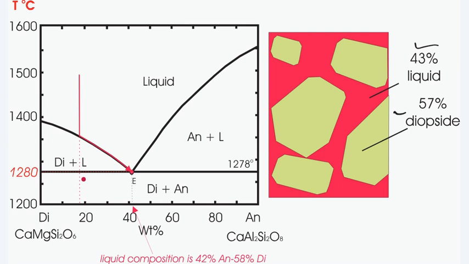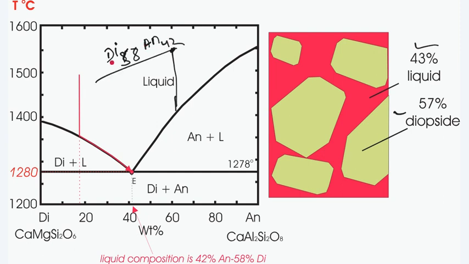If you take any liquid, which one will crystallize first? From the figure, you will easily know that when it touches the anorthite line, anorthite will crystallize. When it touches the dioxide line, dioxide will crystallize. But it depends upon the eutectic composition: dioxide 58, anorthite 42.